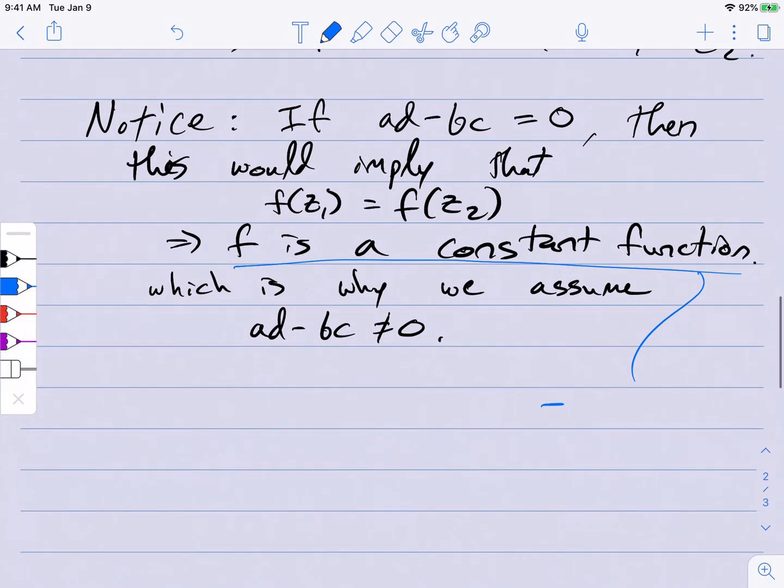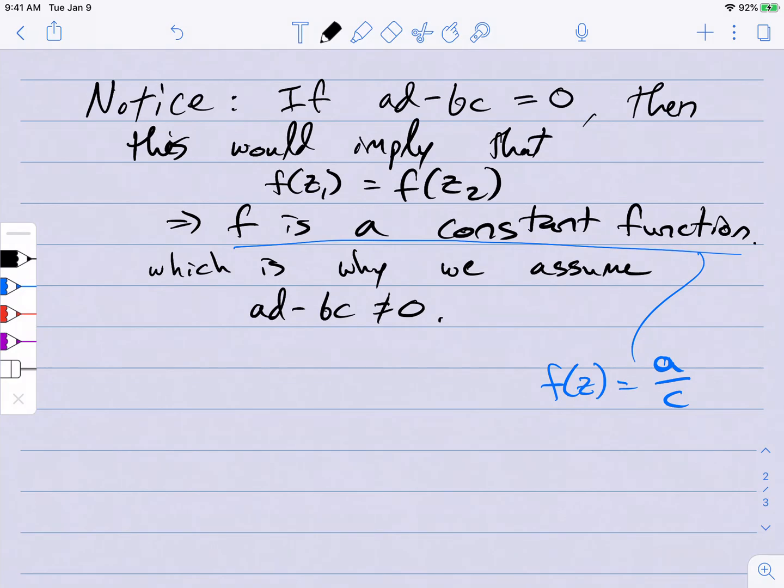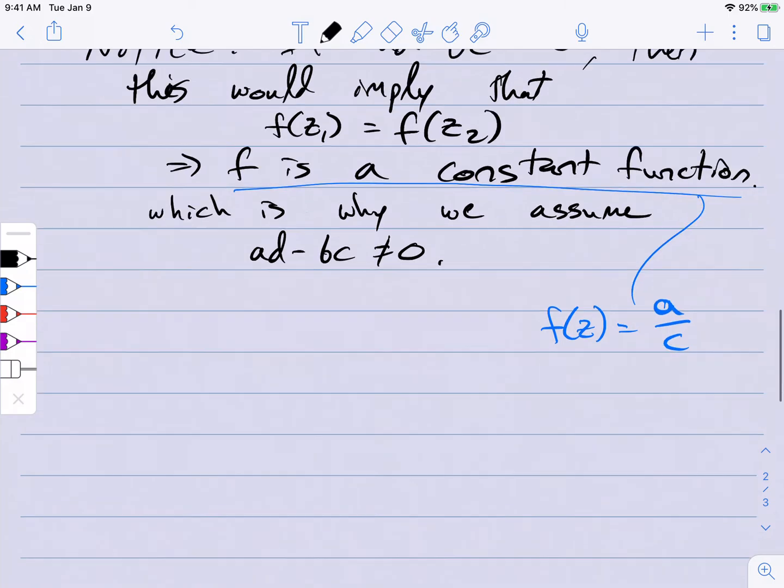Well, its value would have been a over c in any case. So if we had a constant function, this is what its constant would be. But we are assuming that a d minus b c is non-zero, so we don't have a constant function. And actually, you can check by a similar argument that this means that we're never going to obtain the value of a over c.